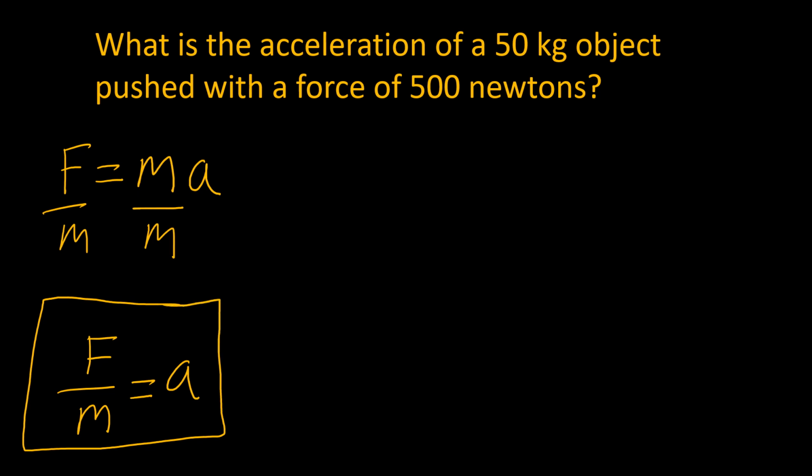So let's identify our variables. The 50 kilograms is going to be the mass, and the 500 newtons is going to be the force. So let's plug and chug here.